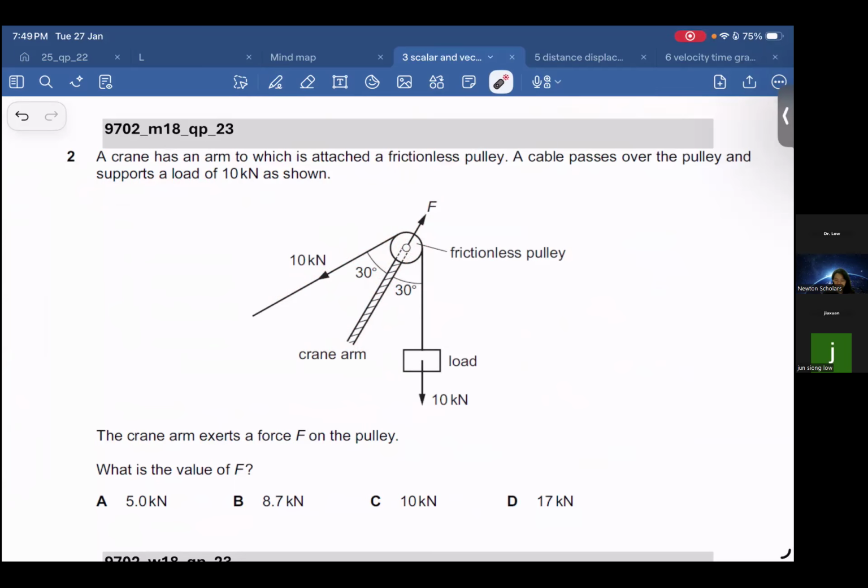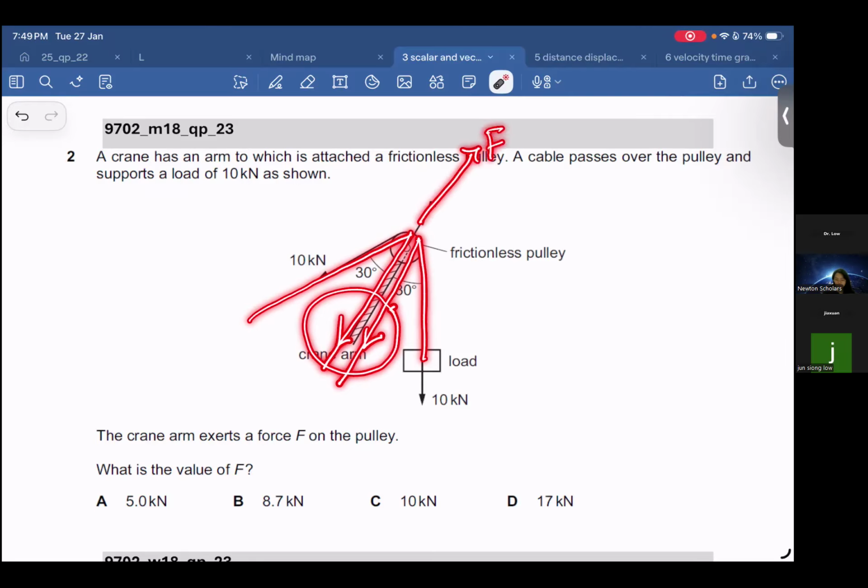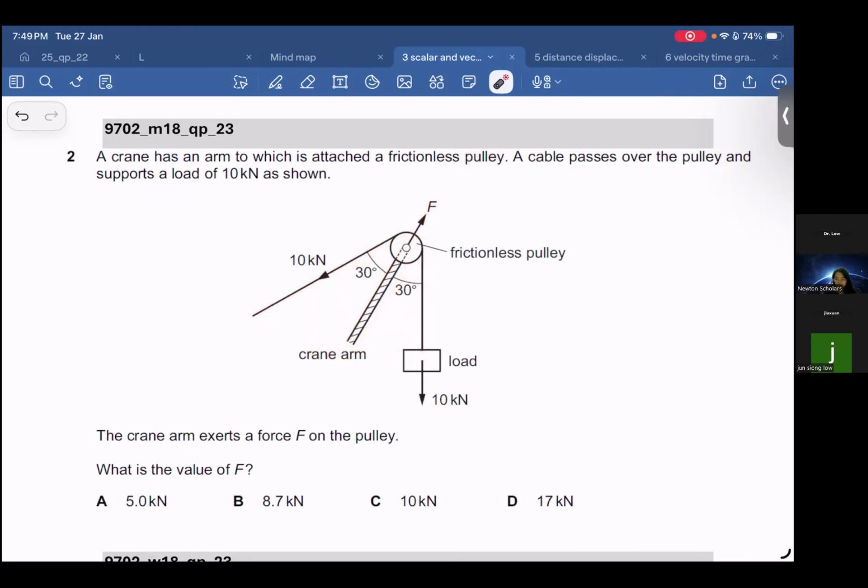So here, what you should do is 10 kilonewton should be resolved to this direction, and then another 10 kilonewton should be resolved here. These two are in the same direction, so it should be equal to your force. Do you able to use resolution of forces to find out what your force F is here? Okay, so I draw like this.